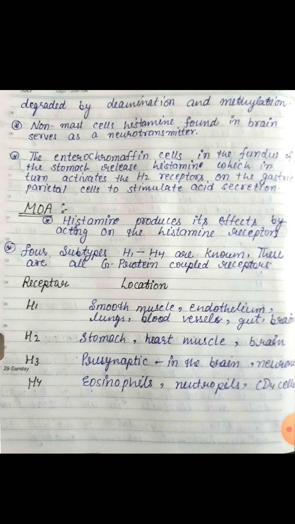Now next is the H4 receptor, which is present on leukocytes, CD4 cells and mast cells and has recently been cloned. H4 blockers seem to have therapeutic application in chronic inflammatory conditions.